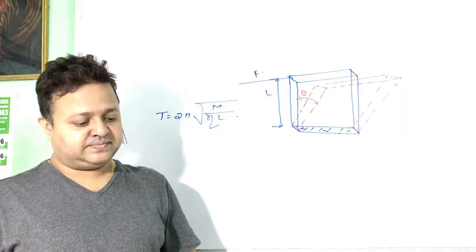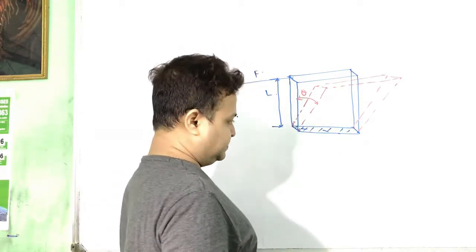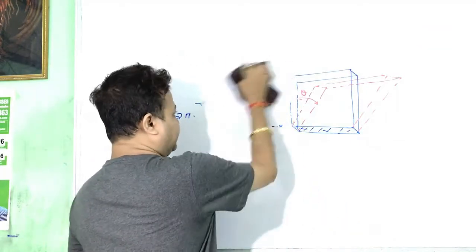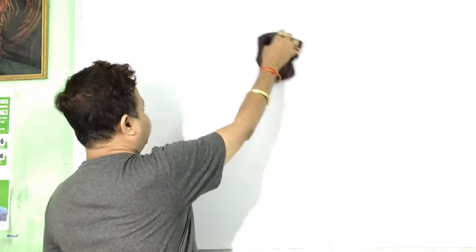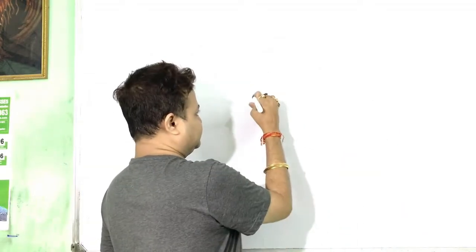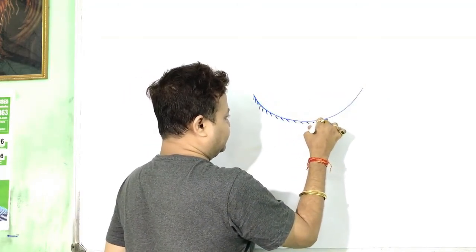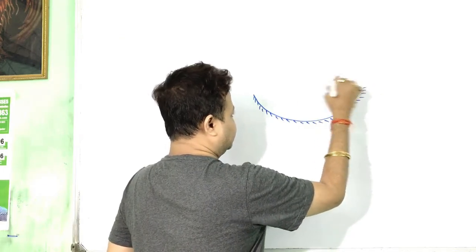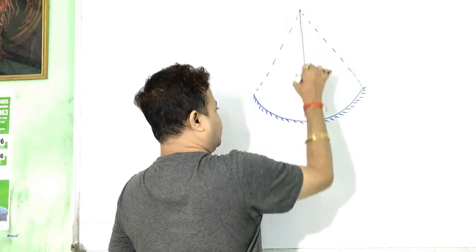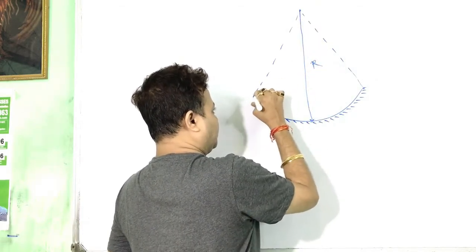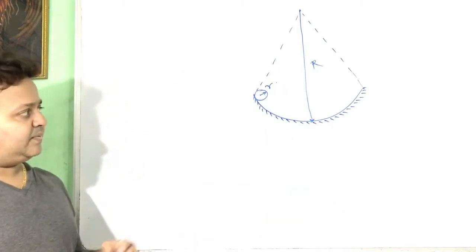A sphere of radius small r rolls on the surface of a concave mirror of radius capital R. তাহলে কি হবে এটা অসিলেশন হবে.